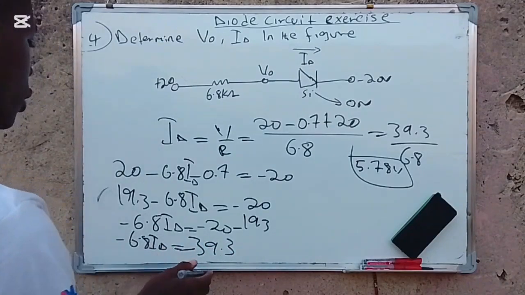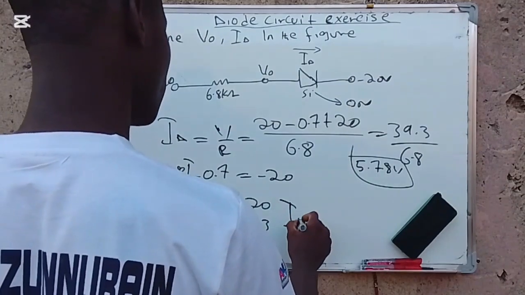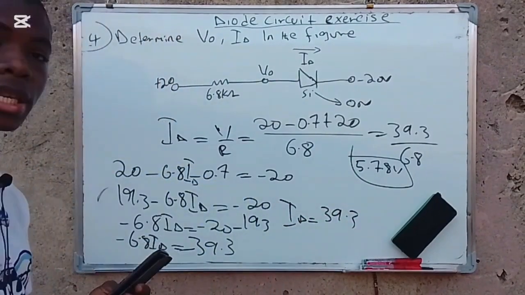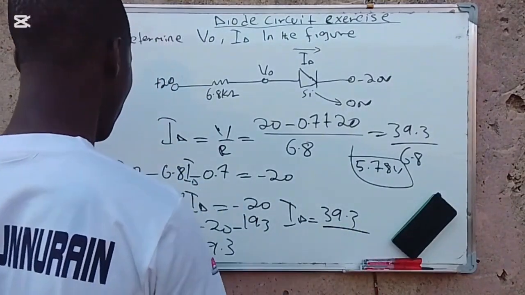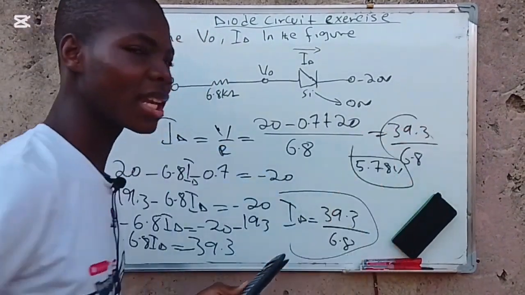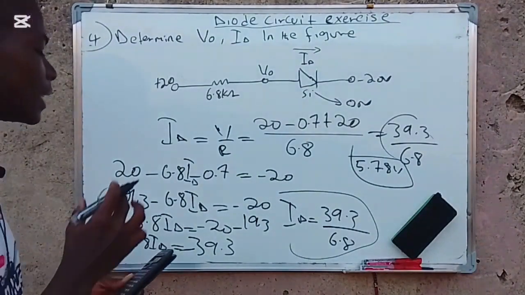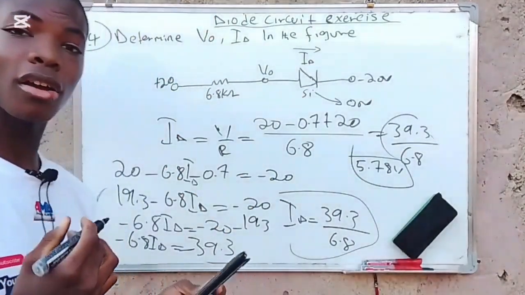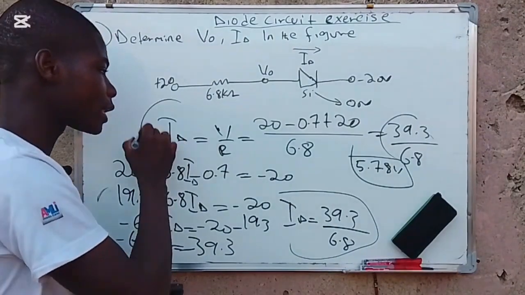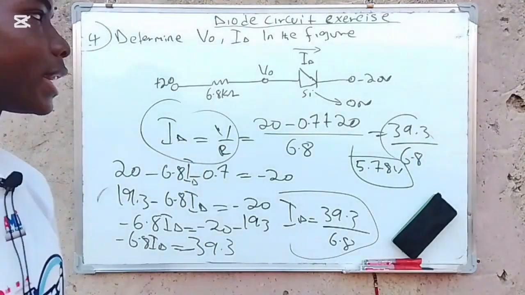So if I divide both sides by this, I will end up with ID equal to 39.3, the minus will cancel minus, divided by the value of 6.8. So as you can see, this is the same thing as this. I already told you in the second video, when we solved the second question, that when you use this and KVL, it is all the same.